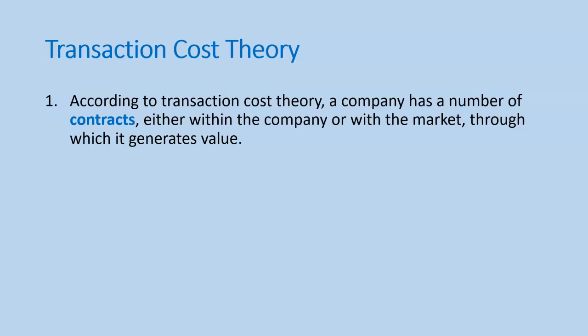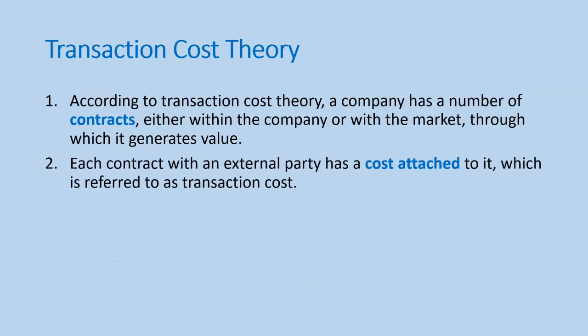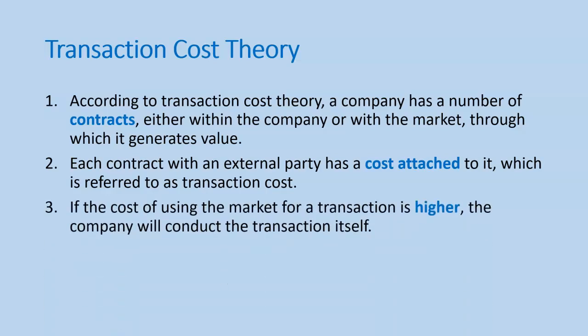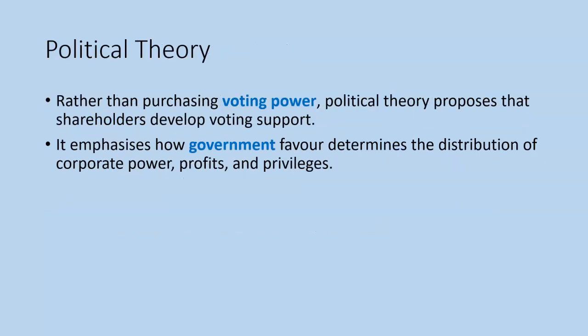So there are different contracts under transaction cost theory. Each contract with an external party has a cost attached. Definitely, without cost, there is no contract. If the cost of using the market for a transaction is higher, the company will conduct the transaction itself. So you can produce your own products and services or you can outsource. If there are costly items, forget it.